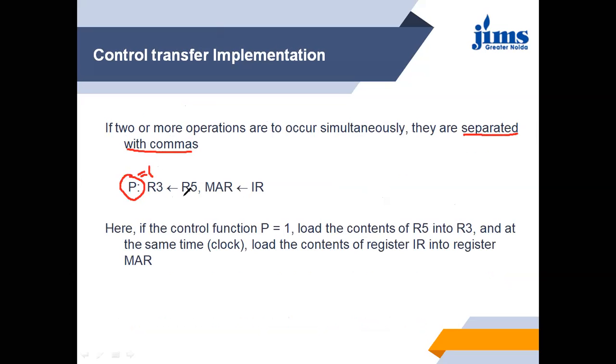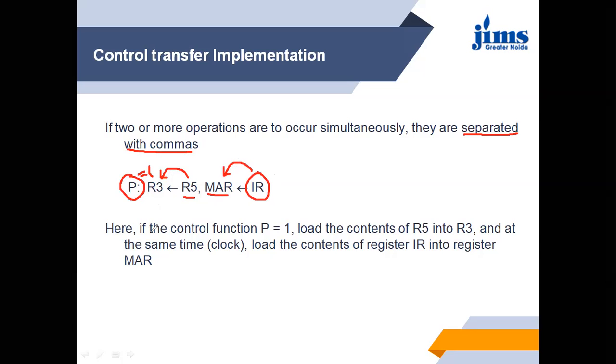In a single clock, the data of R5 is going to be transferred to R3, as well as the data of IR is also going to be transferred to MAR. These are the registers.